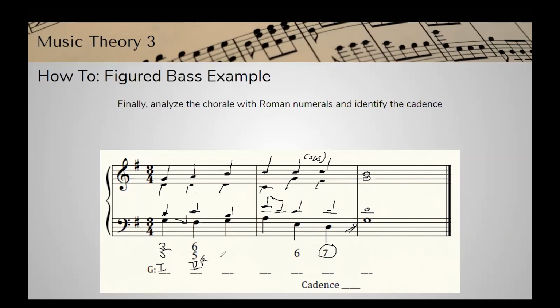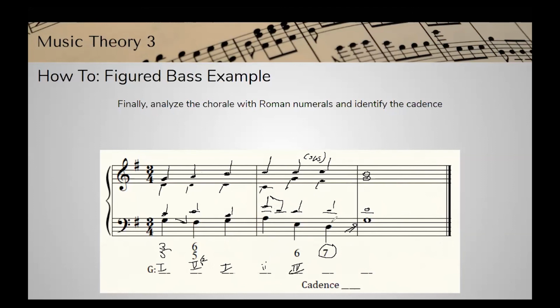Over here, we're back to our 1 chord, root of G. Over here, we have an A for our root, and that's going to be a 2 chord in the key of G. Over here, we're going to have a root of C, because this is a first inversion triad, so this is a 4 chord.